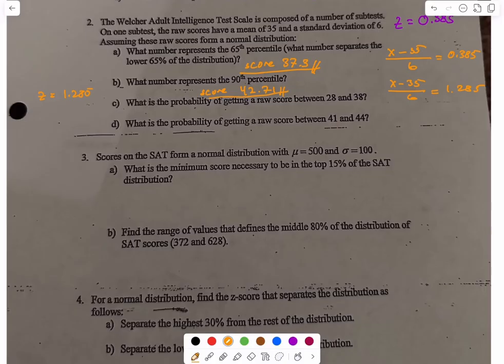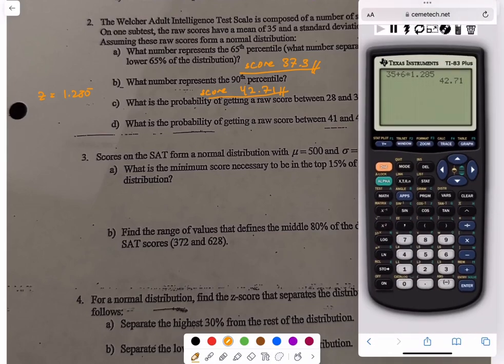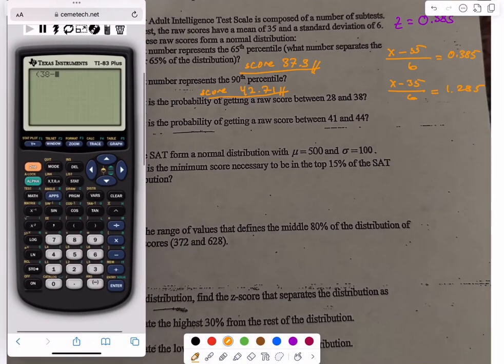Let me see. What's the probability of a score between 28 and 38? So now they gave us the score, and we can work forward. In parts A and B, we were starting with the percentages and working backwards. Now we can start with our scores and work forward, right? So for the 38, the corresponding z-score, we would say 38 minus 35 divided by 6.